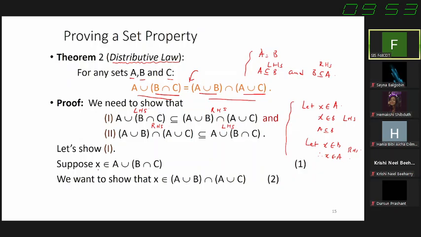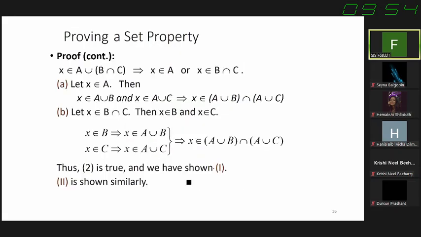Suppose, or let X be an element of A union (B intersection C). This is the left-hand side. We want to show that X is an element of the right-hand side. What does that mean?